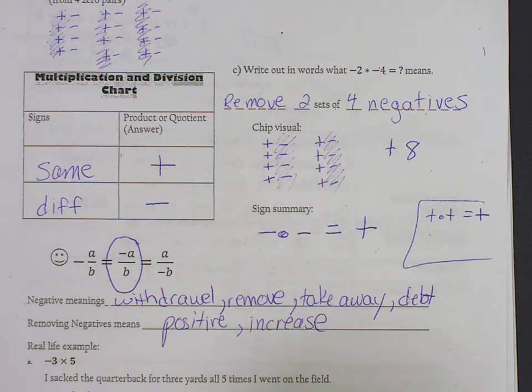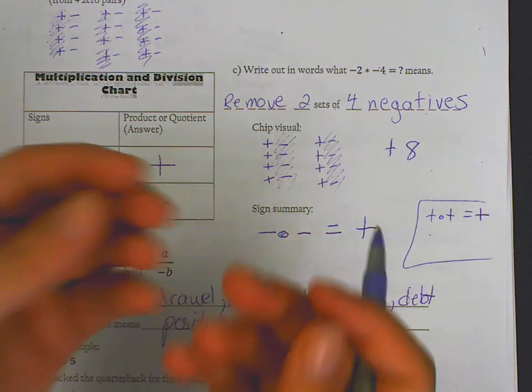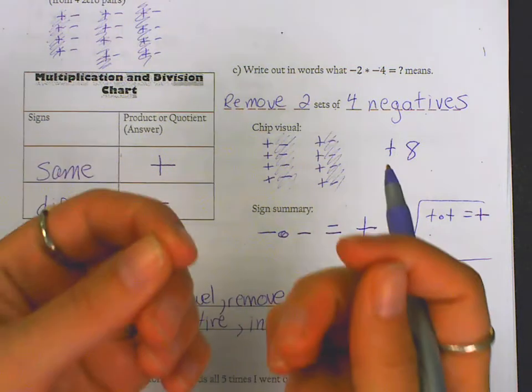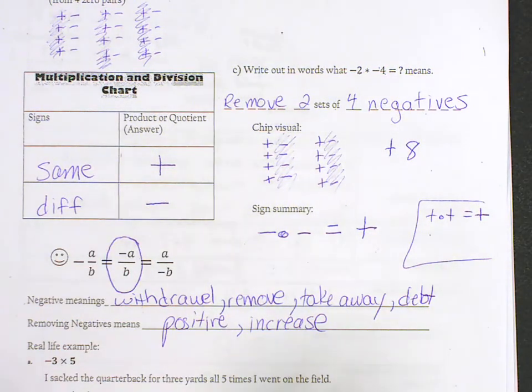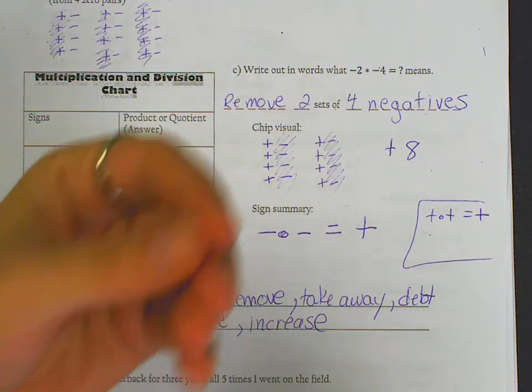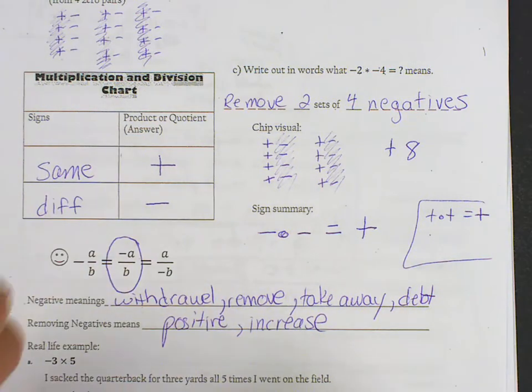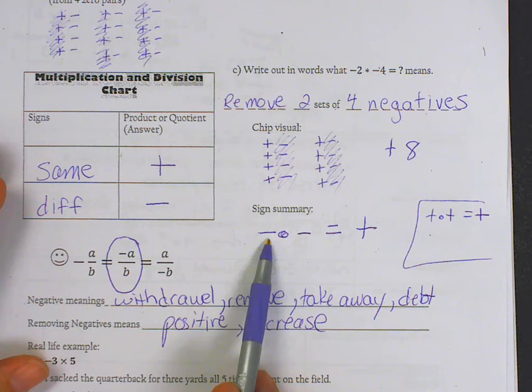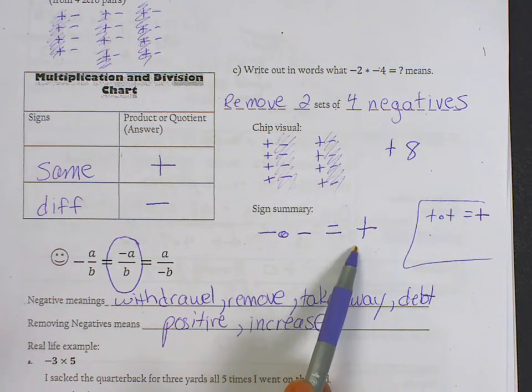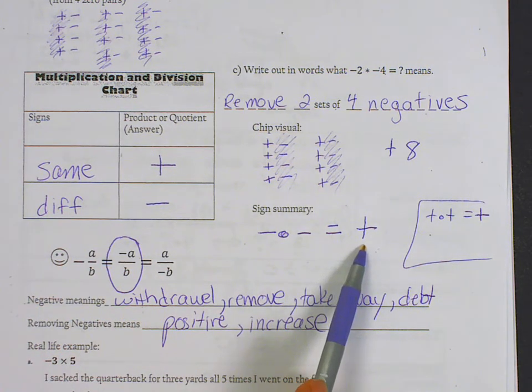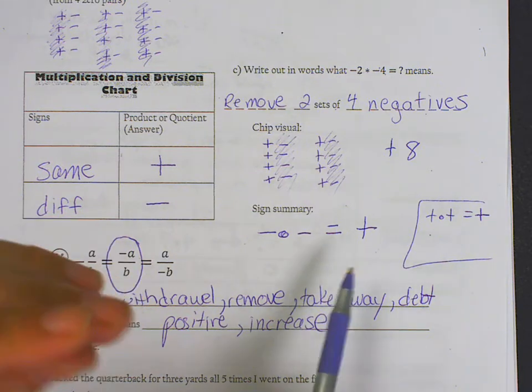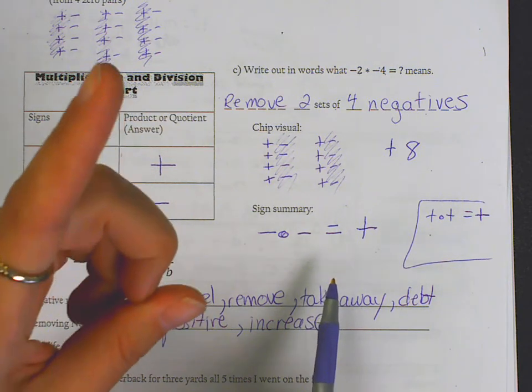If you owe me money, you better hope you don't owe me money. But if you owe me money and I forgive you, I'm going to take away your debt. If I take away your debt, you should be happy. It's a positive thing. You don't owe me money, but the next time you owe me money, you better pay me.